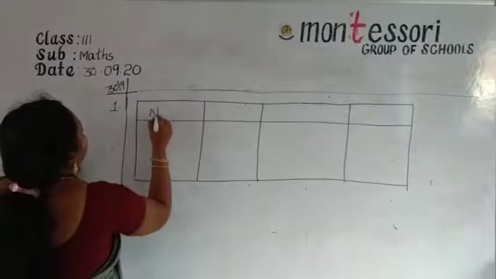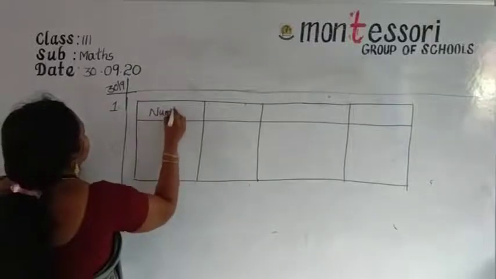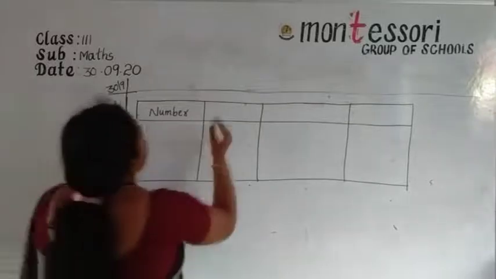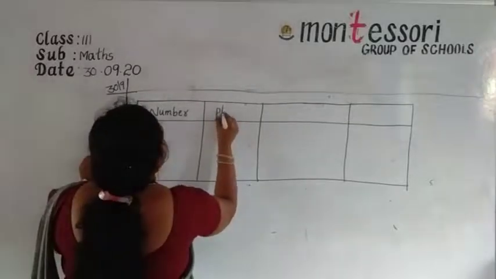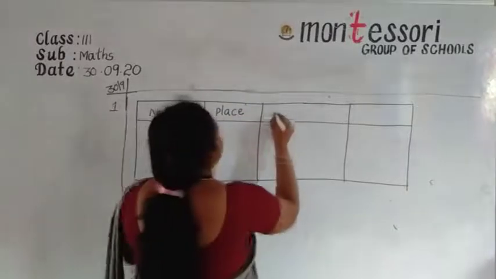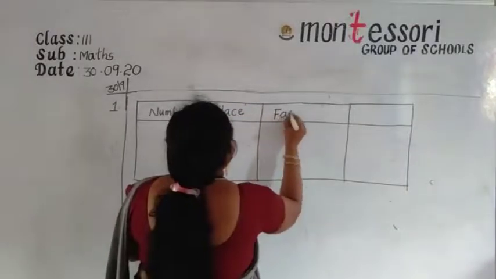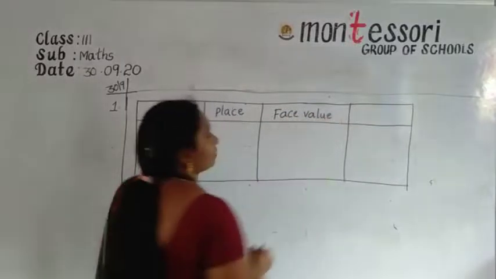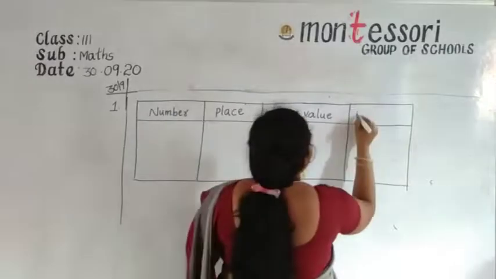Here number, here place, face value, and place value.